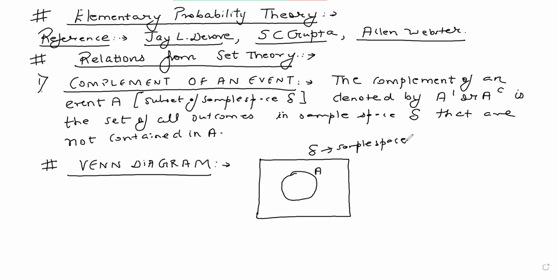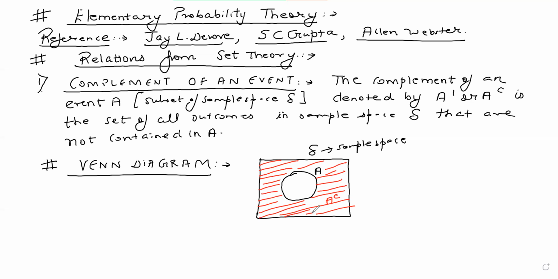Okay, now what is A complement? A complement contains all those outcomes which lie in delta but not in A. If I shade them, all this red shaded area is going to contain outcomes which lie in the sample space but which do not lie in A. So the red shaded area is called A complement.